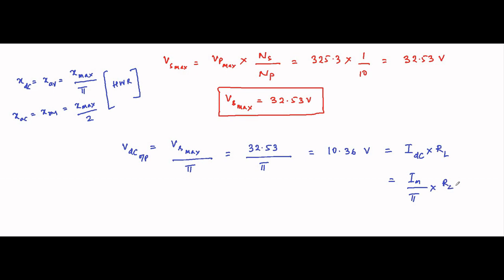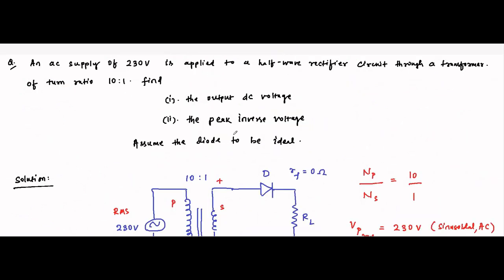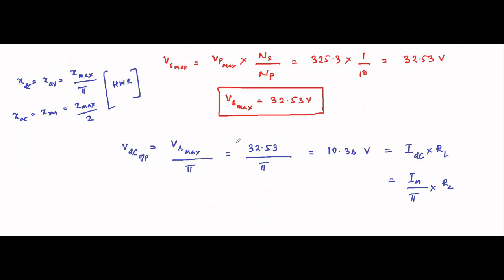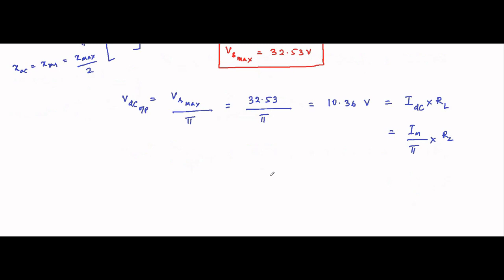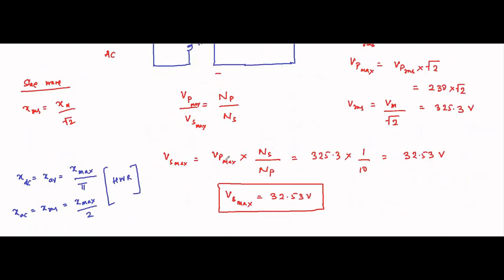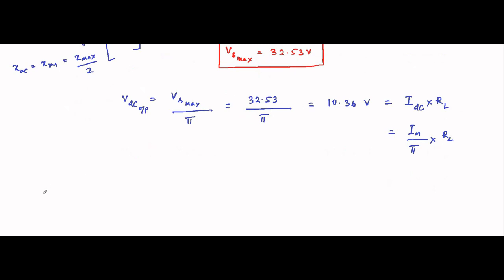Then it has been asked to find the peak inverse voltage. The basic definition of peak inverse voltage is that it is the maximum value of the reverse voltage which appears across the diode. Here we found that the maximum value of the secondary winding voltage is 32.53, and Vp max is 325.3 volt.